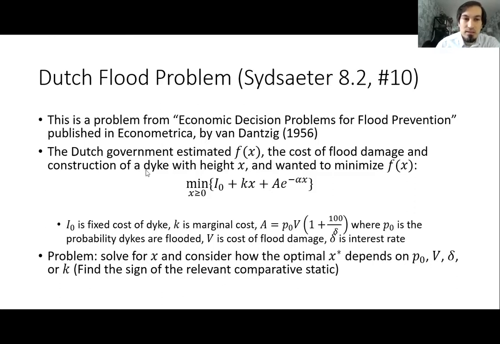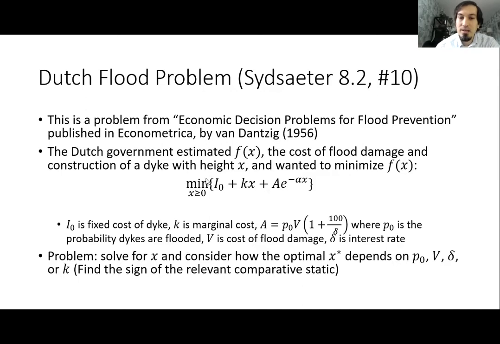Here's the government of the Netherlands who decided they have to build a whole system of dikes to protect the country from floods. There were too many floods. The cost of the flood damage was too high, and they figured, we've had enough of this. Let's just make a big investment to stop the floods from happening.